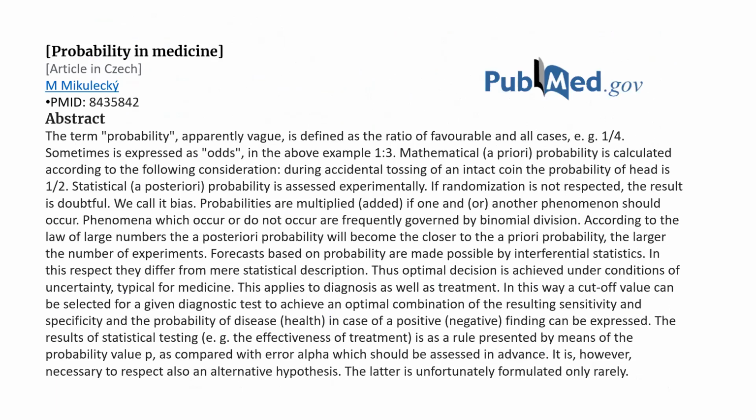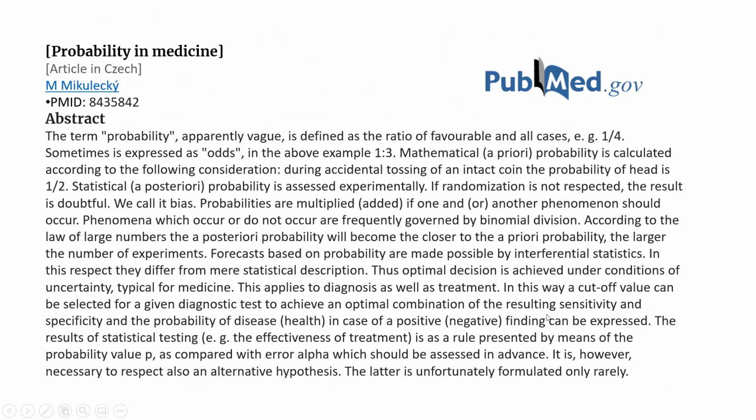So coming to some recent updates, this was the probability. It is a normal life example that probability is apparently vague and defined as the favorable cases of all cases. I've already told you.